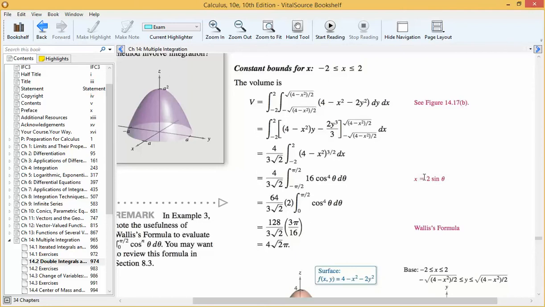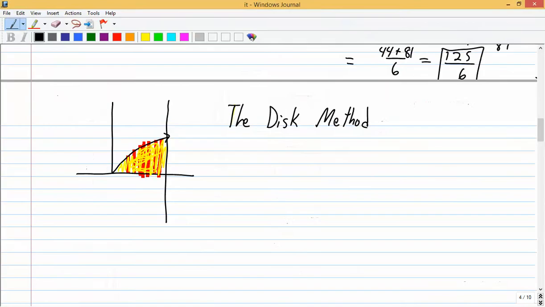Now you may think 3 pi over 2, that's when sine is equal to -1. But they didn't put in 3 pi over 2 here because that wouldn't make sense. You can't integrate from 3 pi over 2 to pi over 2, right?